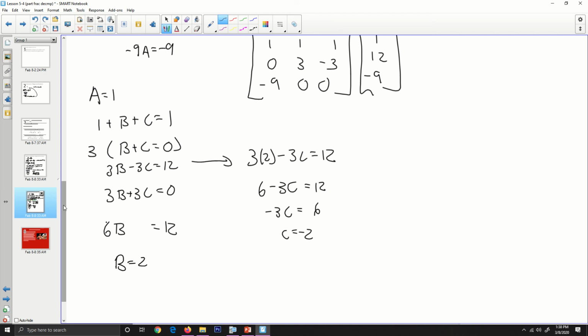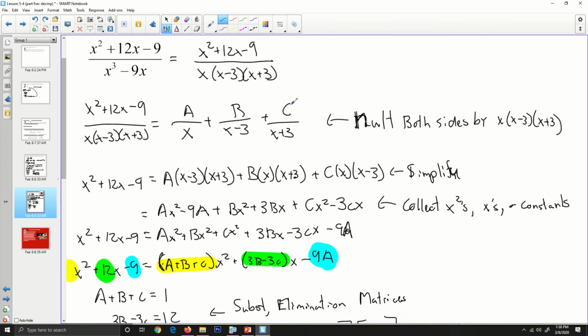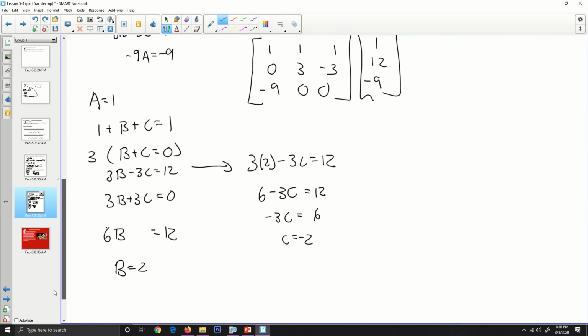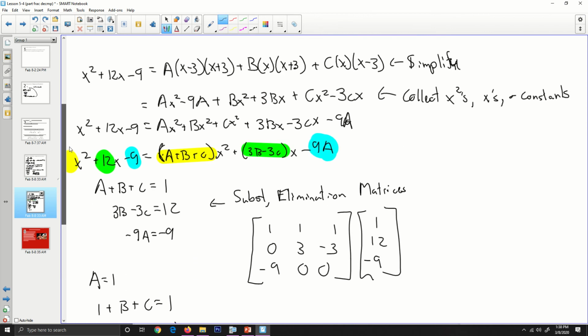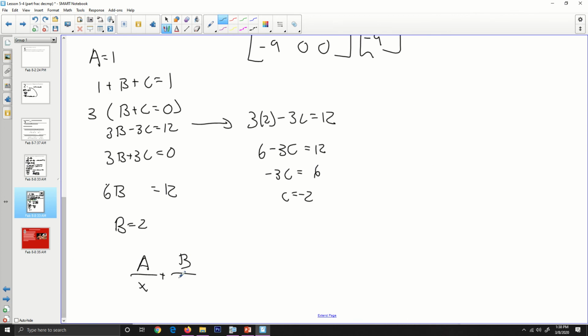I can go back to my original setup up to here. I had a over x plus b over, what was it, x minus 3 plus c over x plus 3. Oh, totally screwed that one up, so let's just erase.